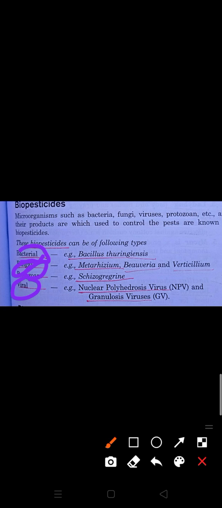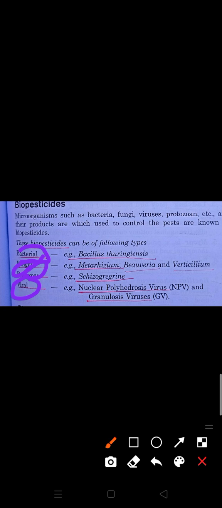There is a story behind Bacillus thuringiensis related to the cotton plant. Scientists found that this Bacillus thuringiensis can be used in genetic engineering. If we use recombinant DNA technology, which we will discuss in the biotech portion, we can modify this bacterium and kill insects that create a threat for cotton plants.